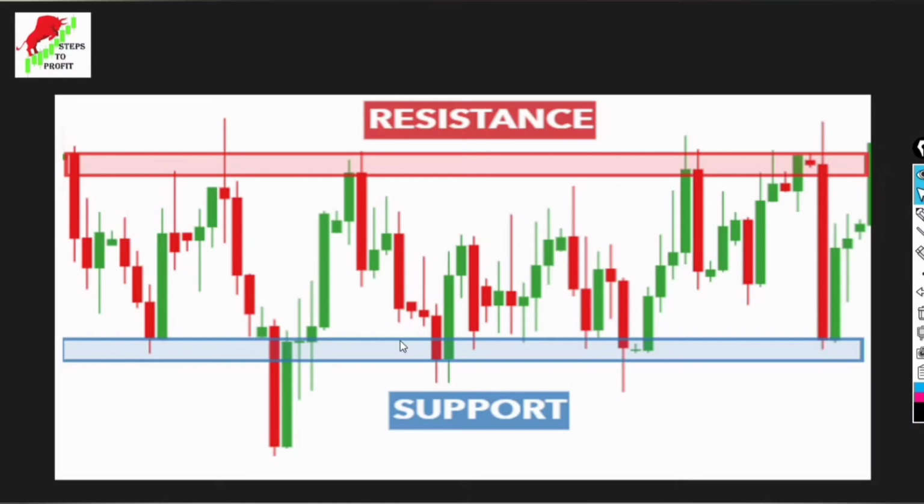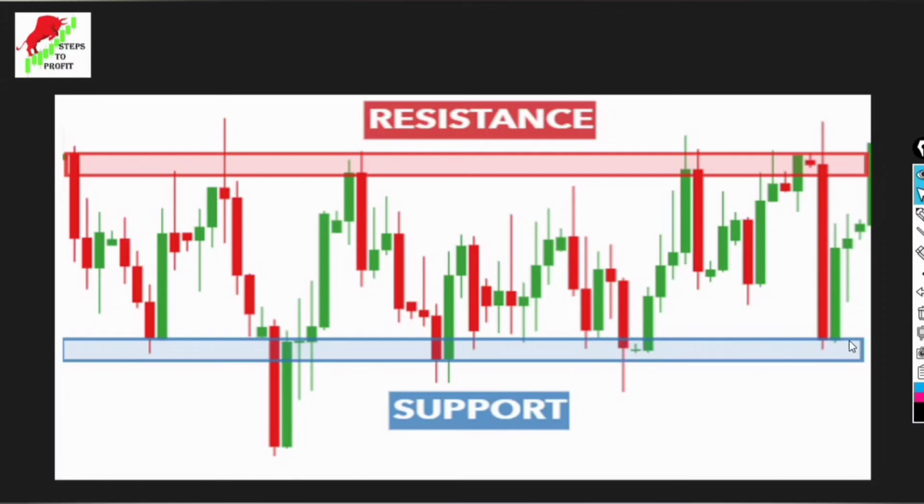So as buyers come into the picture, the downtrend is going to pause over here and price is supposed to bounce back. You can see here price has bounced back at the support level. Here also price has bounced back. Here also. Same is the case over here and here.